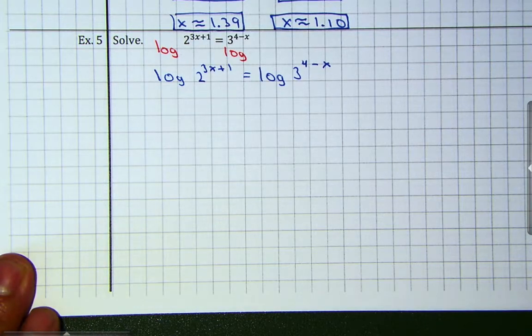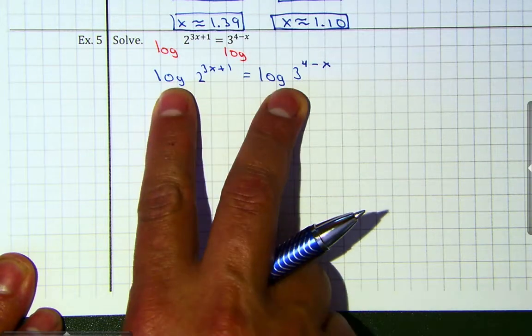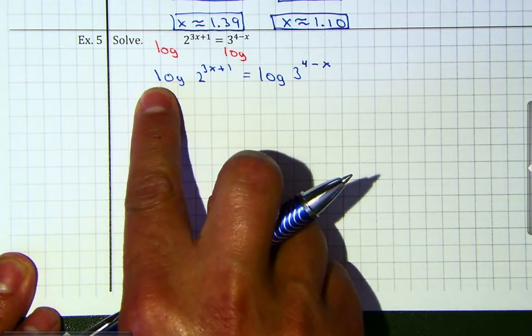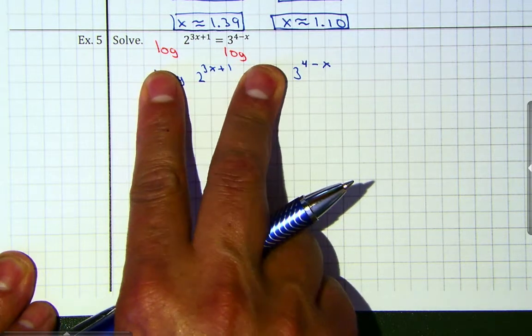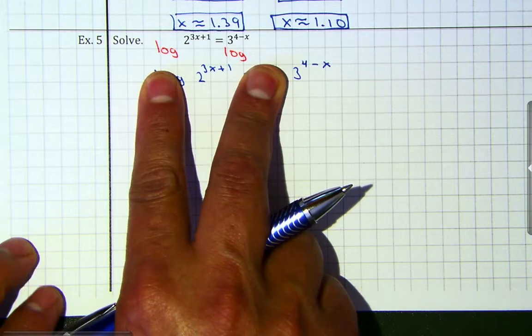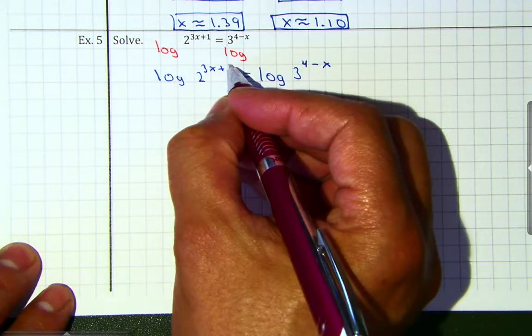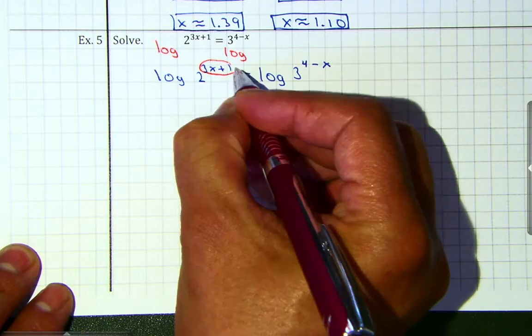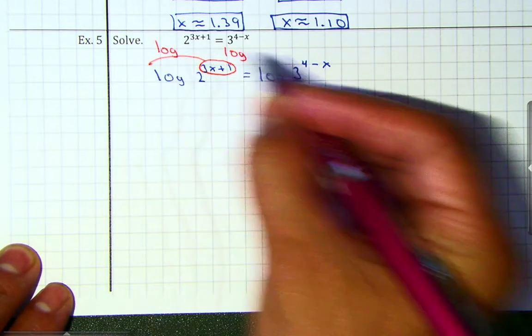And of course you can say, well, how does that help? You don't want to get rid of the log, because otherwise you're going to end up with what you had before. But our power rule tells me that I can move this as a coefficient.